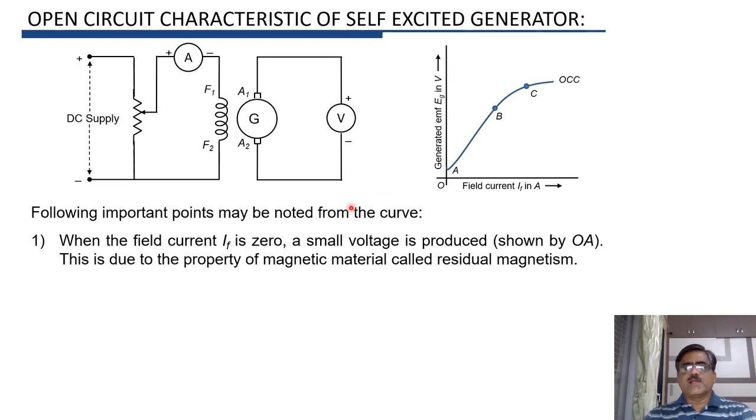So as studied earlier, when the field current IF is equal to 0, the induced EMF is equal to OA, which is not equal to 0. This EMF is because of the residual magnetic flux.